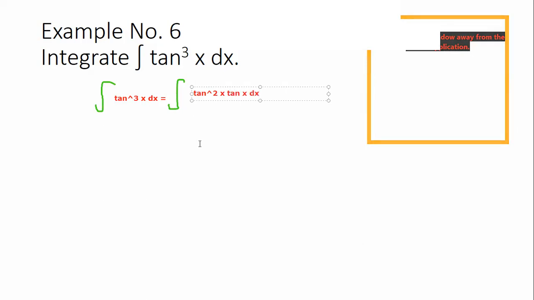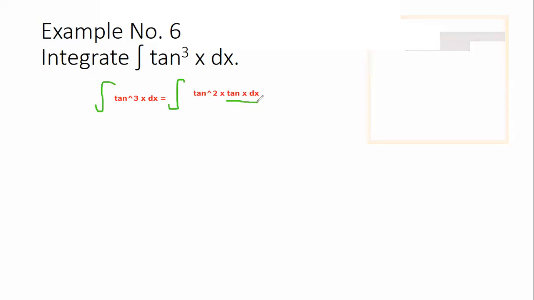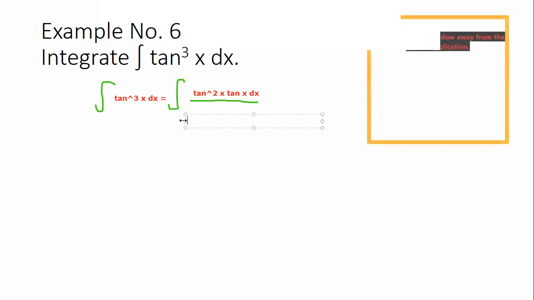We can easily integrate tangent x, because that's ln of secant x plus c, or negative ln of cosine x plus c. For tangent squared x, we're going to use the trigonometric identity: we replace it with secant squared x minus 1.